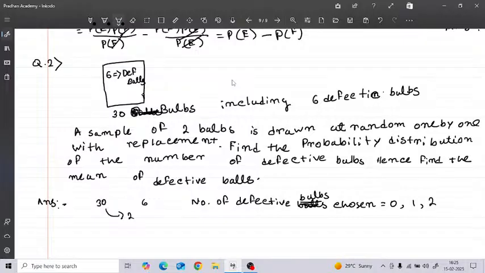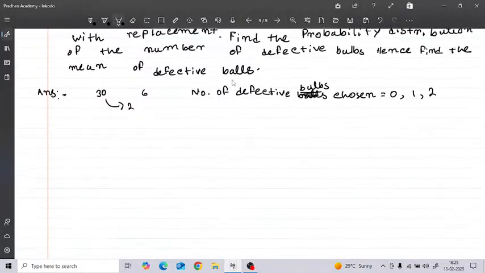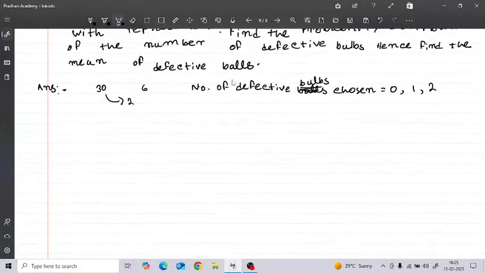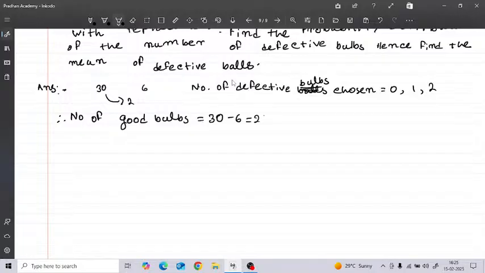Here, let's discuss the first case, where we denote this as x equals 0. As there are 6 defective bulbs, the number of good bulbs is 24. What does x equals 0 mean?